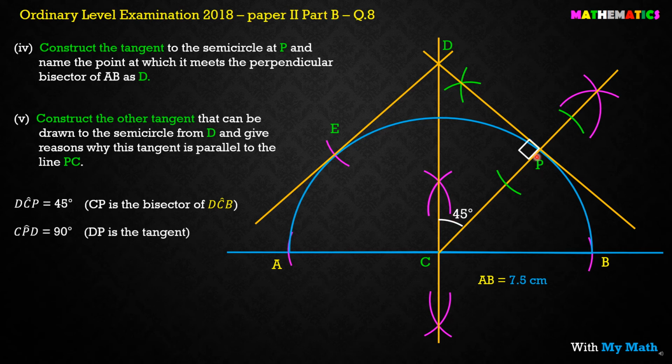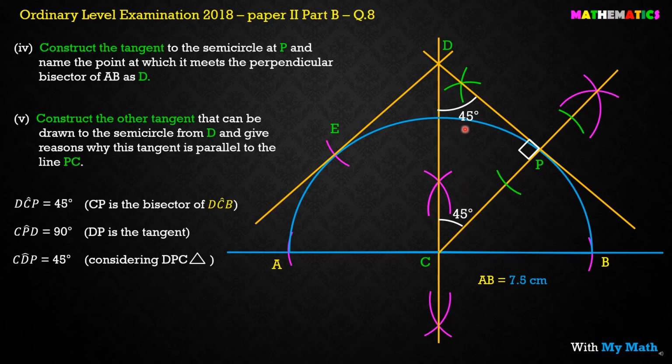Then the angle between a radius, or rather a diameter, and a tangent is 90 degrees again. They are perpendicular to each other. So this is 90 degrees, and I write here that DP is the tangent. Because of it we can take this 90. If this is 90 and this is 45, what about this one? This is definitely 45.